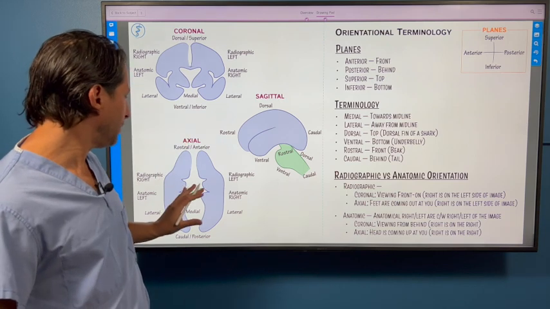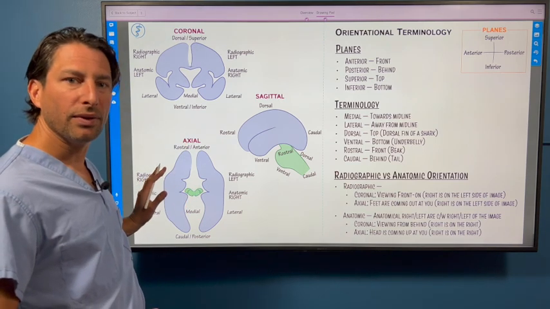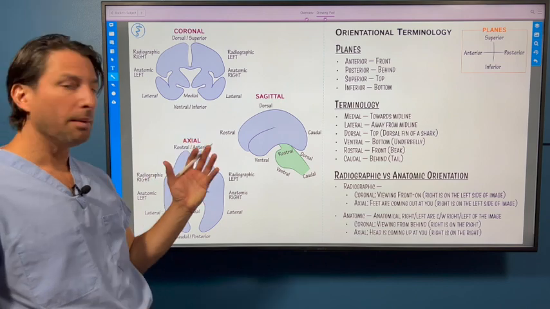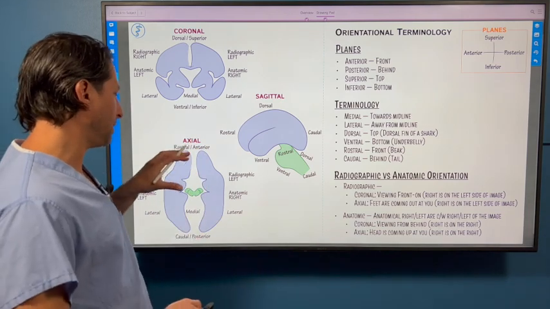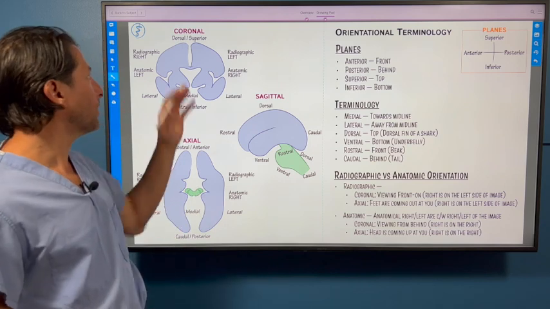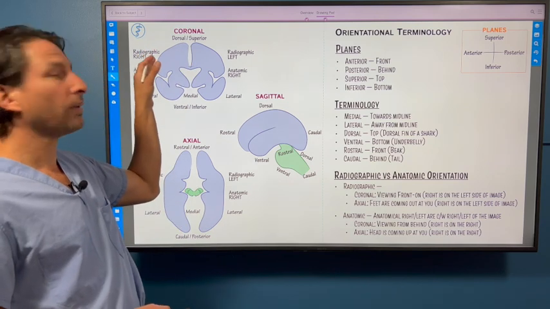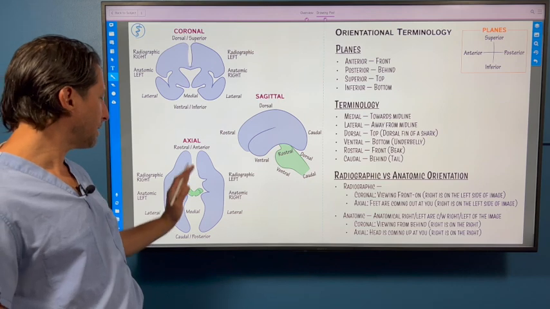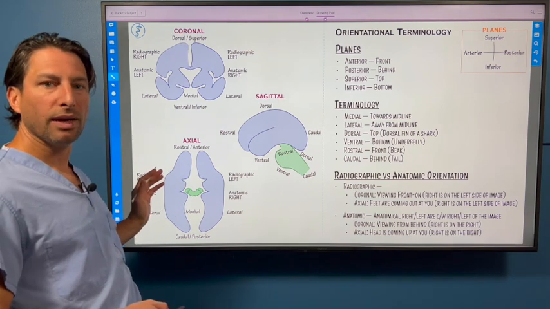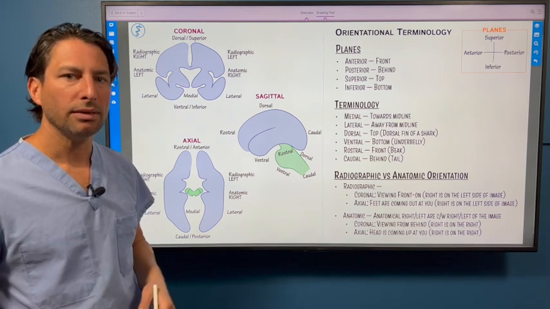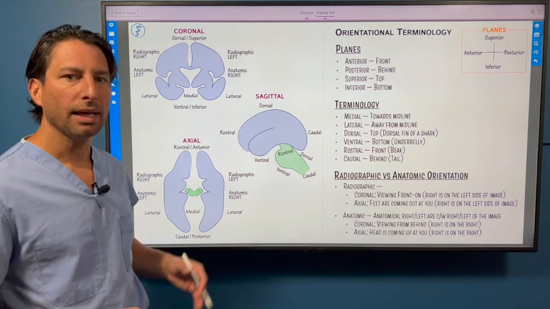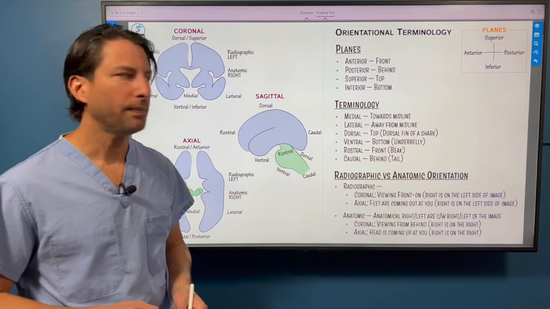Then in axial view, radiographic view, the feet are coming up out at you, whereas in anatomic view, it's the head that's coming up out at you. So in coronal view, this is radiographic right, and then in axial view here, this is radiographic right. And axial view is the standard MRI and CT views that we typically look at brain imaging.